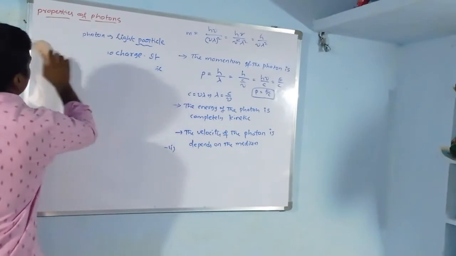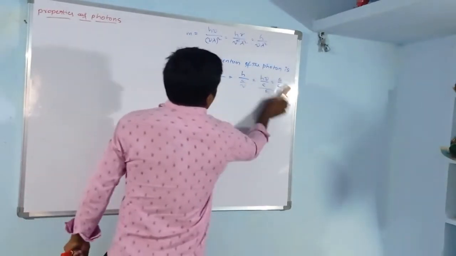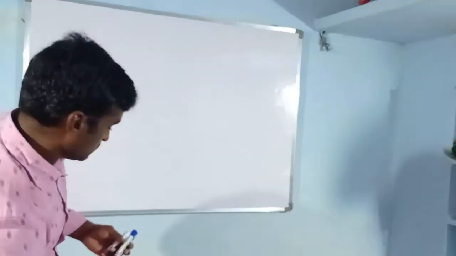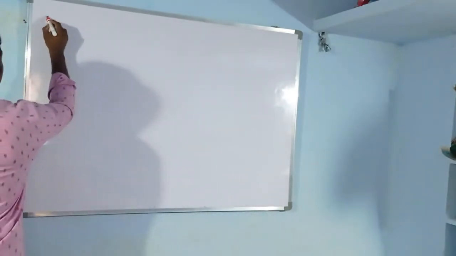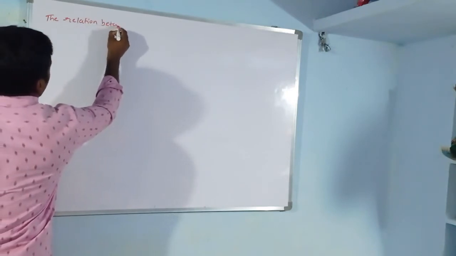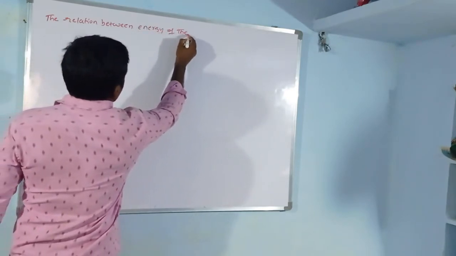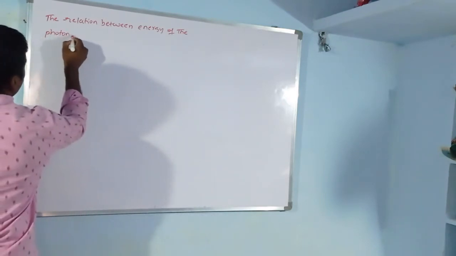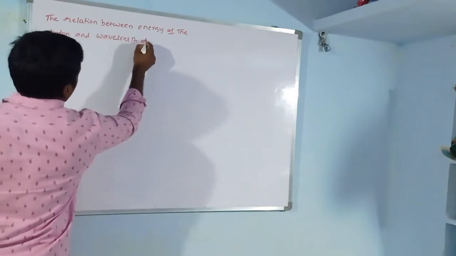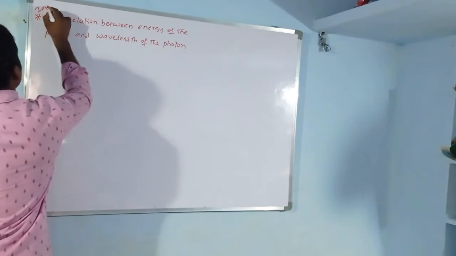The next topic is the relation between the energy of the photon and the wavelength of the photon. This is a very important relation.